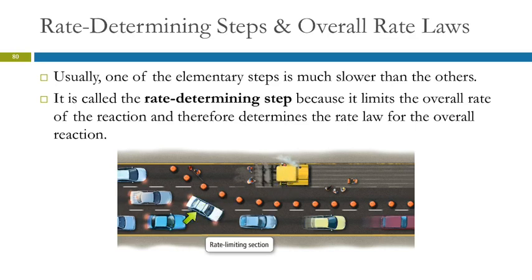So we end up with this bottleneck here where people are merging into one lane. This is the holdup for traffic to flow, right? If we cleared that out, then traffic could go faster. But this is what's limiting the rate of travel. Does that make sense? So there's typically one elementary step that is a lot slower than the others, and that's the one that's going to primarily affect the overall rate.